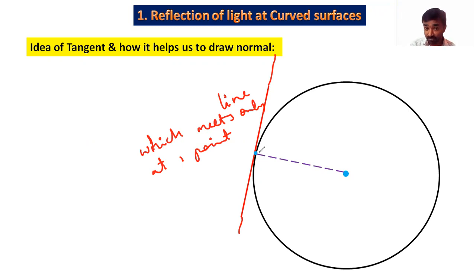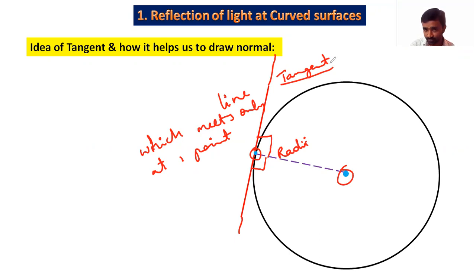So this type of line we can call tangent to the circle at that given point, right? So one more observation is there. If you connect this point with the center, this radius and the line make an angle of 90 degrees, at any side.